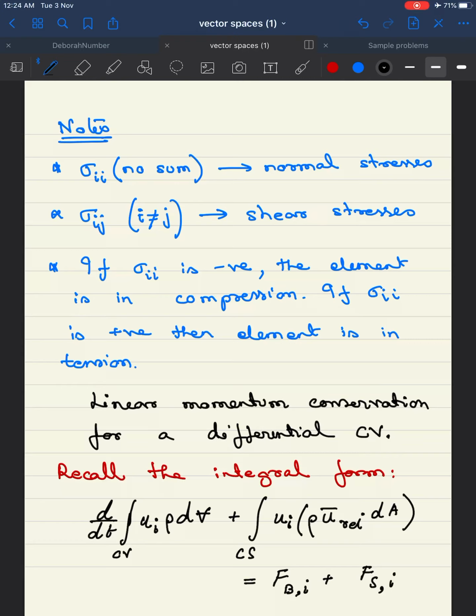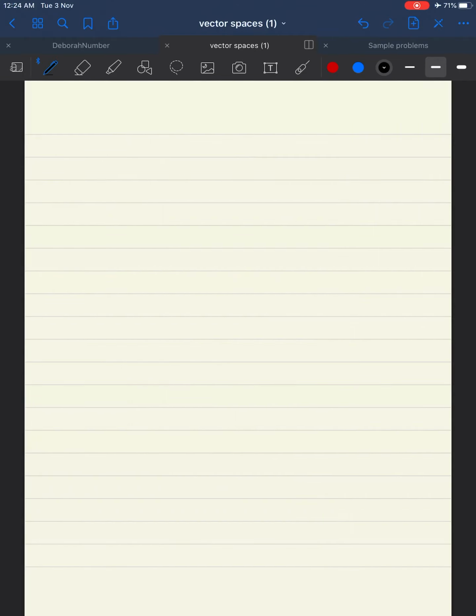Okay, so I have the integral form, and we are going to do exactly what we did for the control mass. For the first term, we will consider a fixed control volume. Okay, so what happens to the first term?